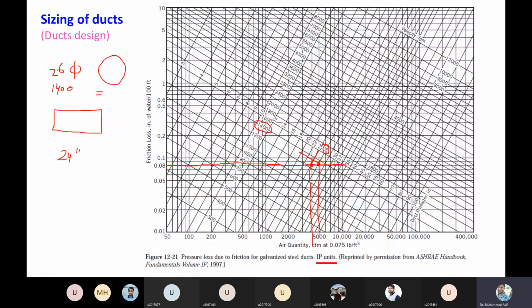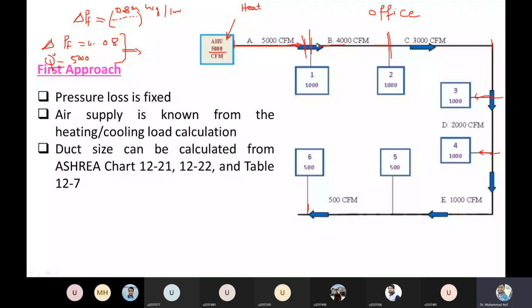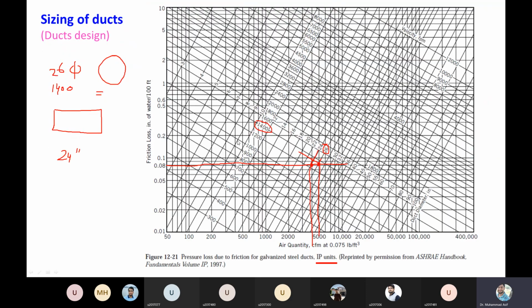So next is a 24-inch diameter. That means here you have to put a convergent. Previously the duct is 26 inch, and then the next duct is 24, so you need to put one convergent. Similarly, you can read the value of the velocity as well. Here the velocity will decrease because of the convergent. Sorry, maybe velocity should increase.